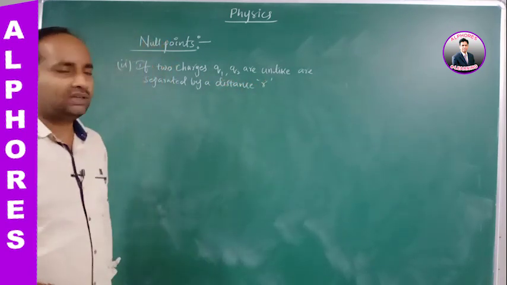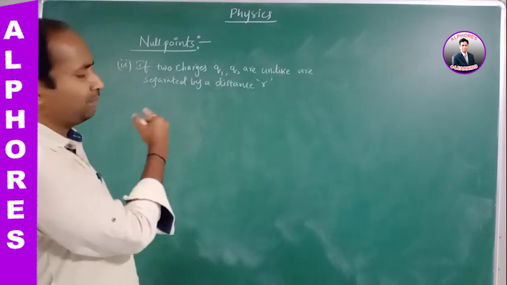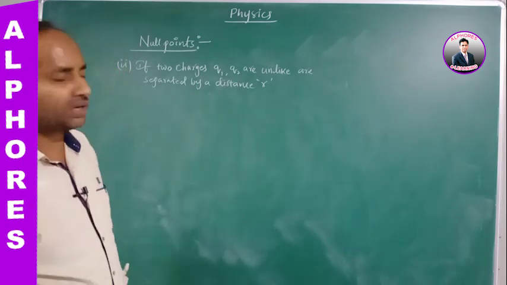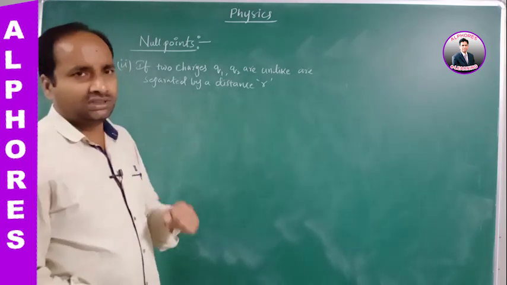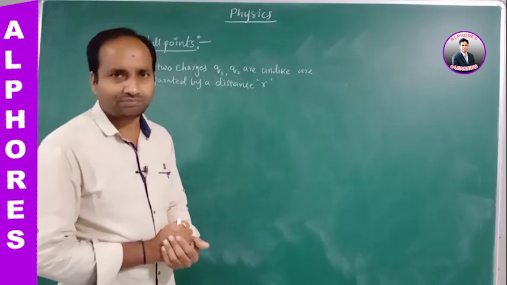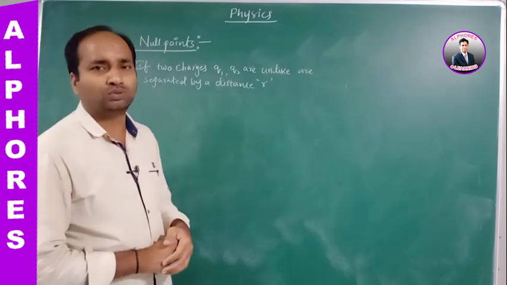See, in this, one of the charges is positive and the other is negative, unlike charges. Okay, see, in such conditions the null point is obtained outside the system. The null point is obtained outside the system of two charges.